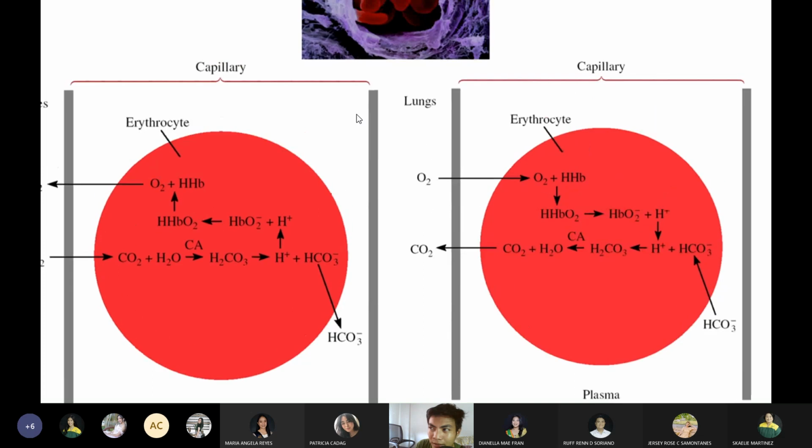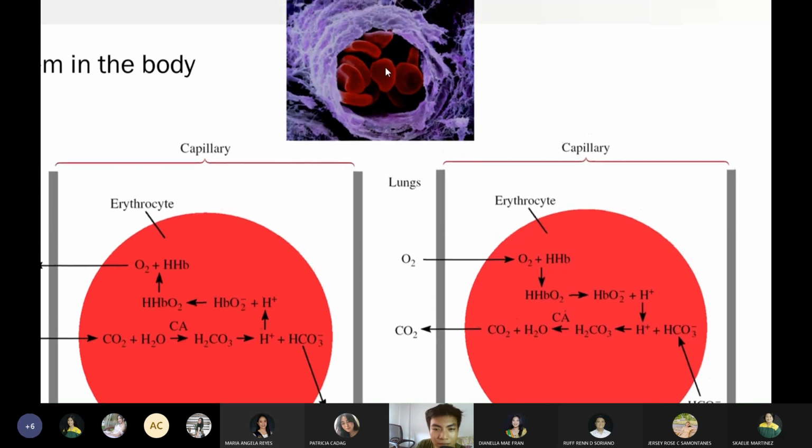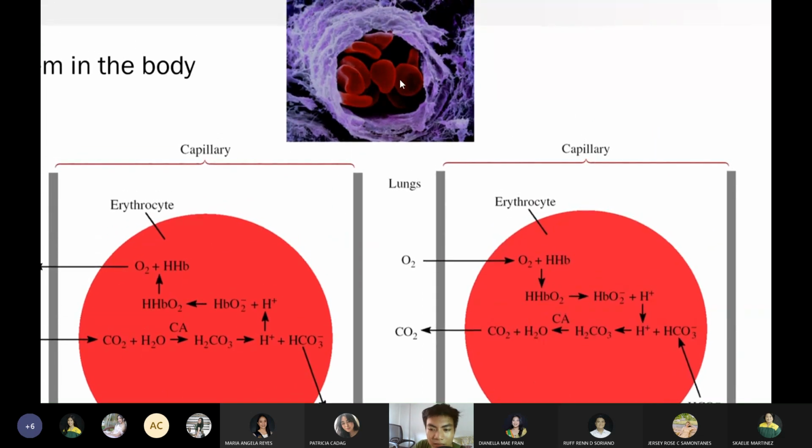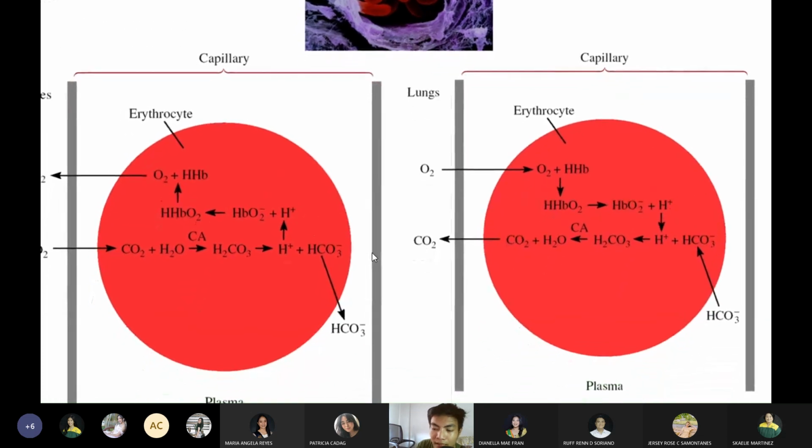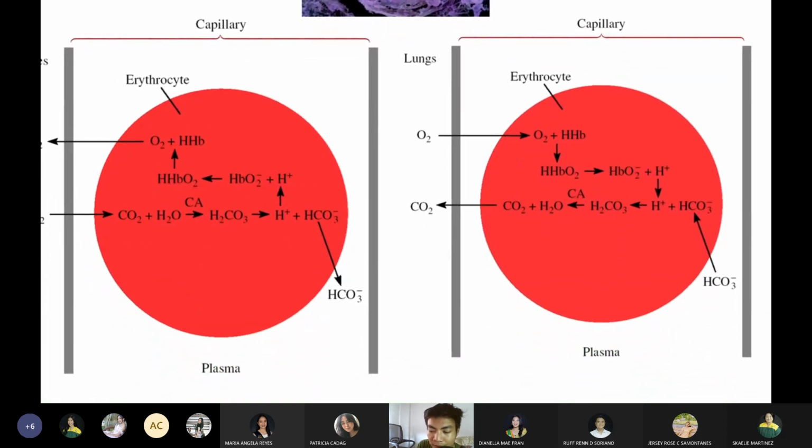Yan. And maintain yung shape na yan. Itong blood natin ay isang malaking protein lang yan. Maintain yung shape na yan dahil sa buffer system natin. So we have a carbonate bicarbonate system. Okay? So, dahil dyan na maintain yung pH ng blood around 7.4.